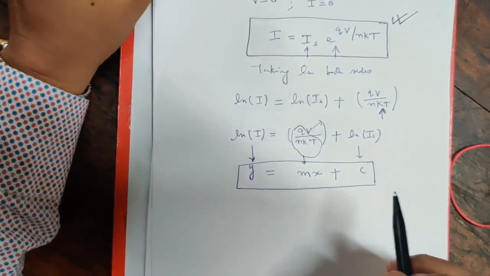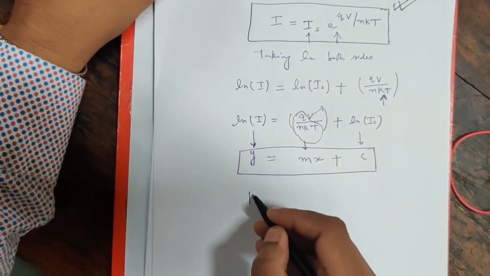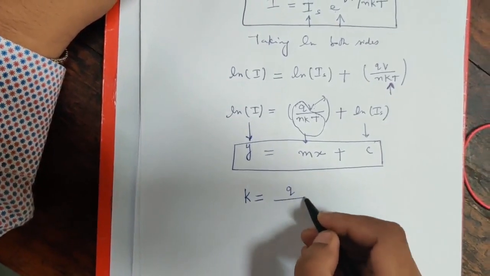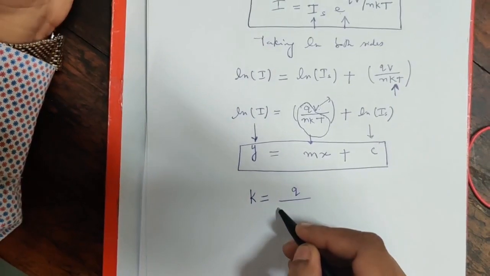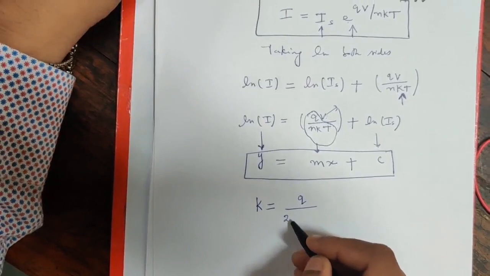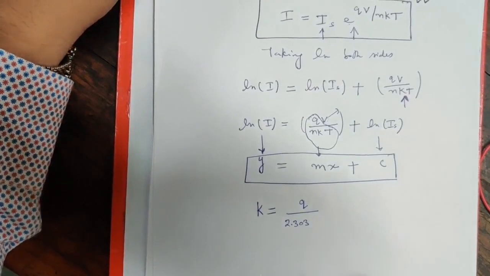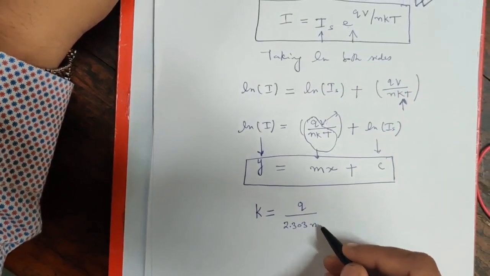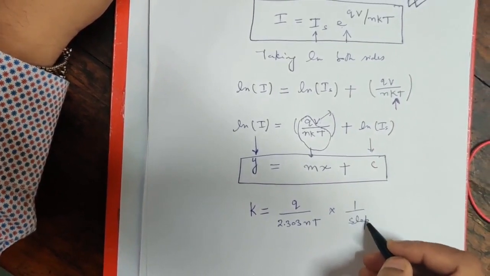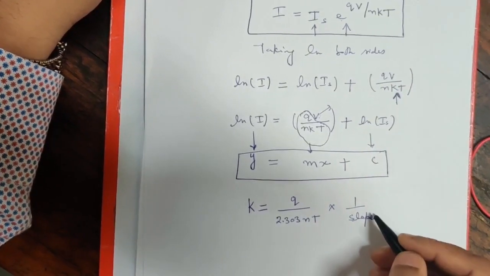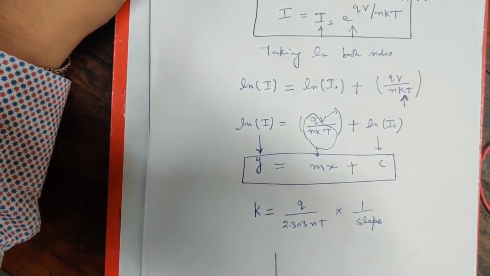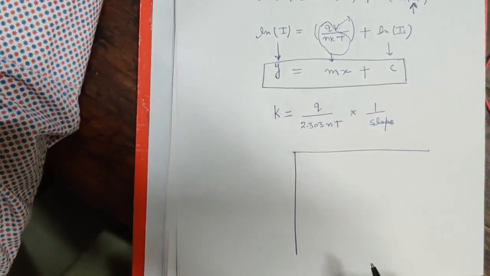So using all these things, I can easily calculate my K, which is Q. If I am converting this natural log into base 10, then as I said, you have to multiply by this and T into 1 over slope, where the slope is always computed using the graph. If I show the graph for the time being, this is my graph.